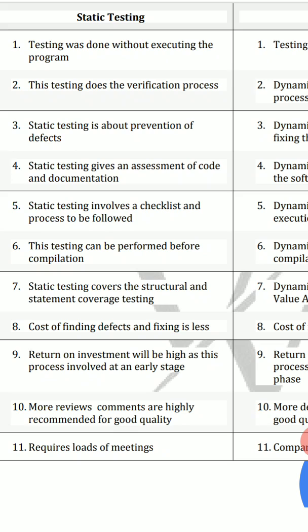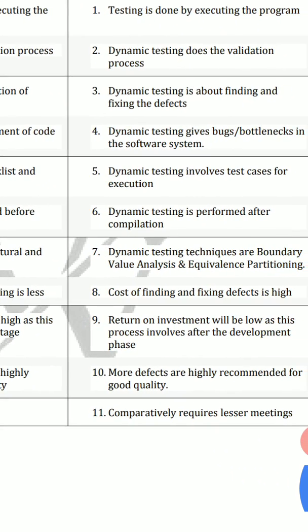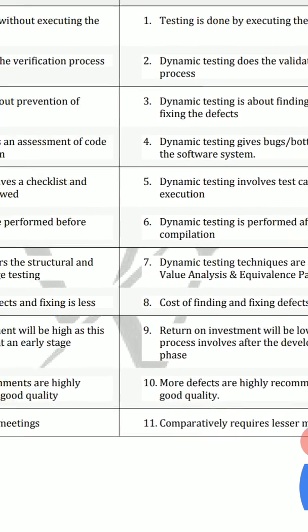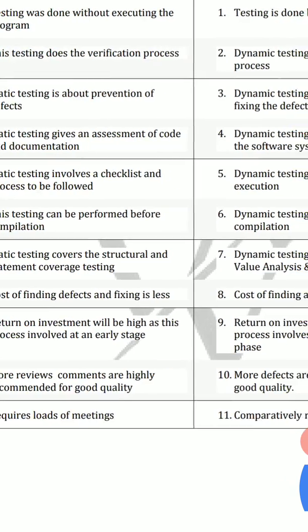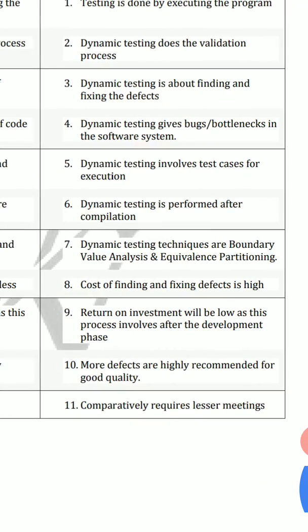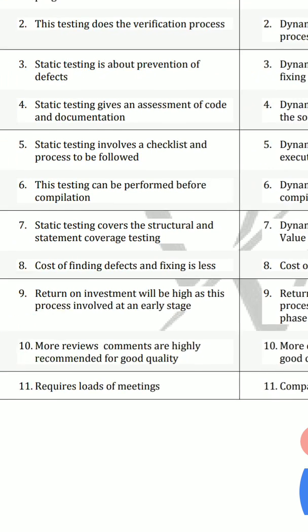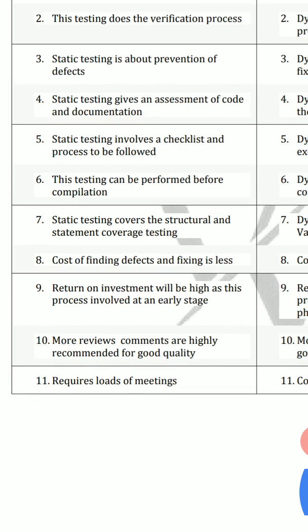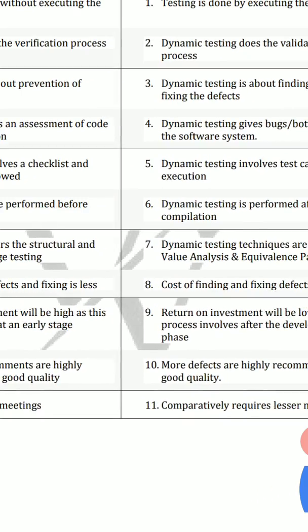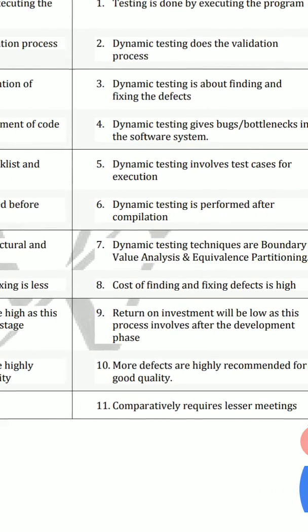Then static testing gives an assessment of code and documentation. Similarly, dynamic testing gives bugs and bottlenecks in the software system. Static testing involves a checklist and process to be followed. Similarly, dynamic testing involves test cases for execution. Static testing can be performed before compilation, and dynamic testing is performed after compilation.